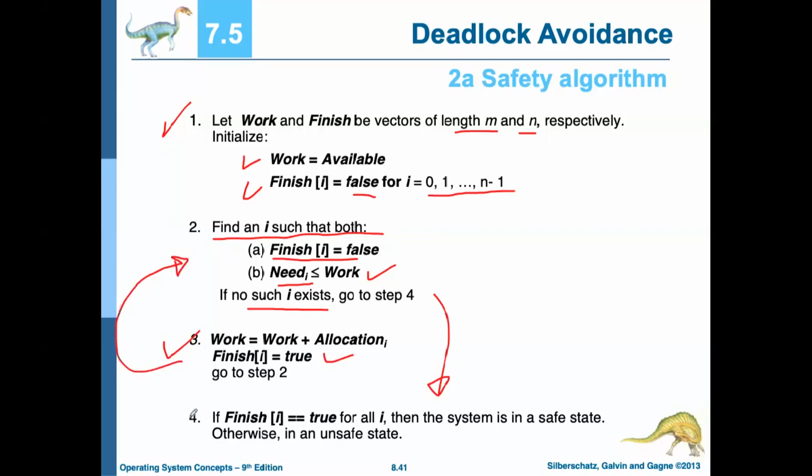And then if Finish[i] equals true for all i, then the system is in a safe state. Otherwise, it is in the other state, which is an unsafe state.